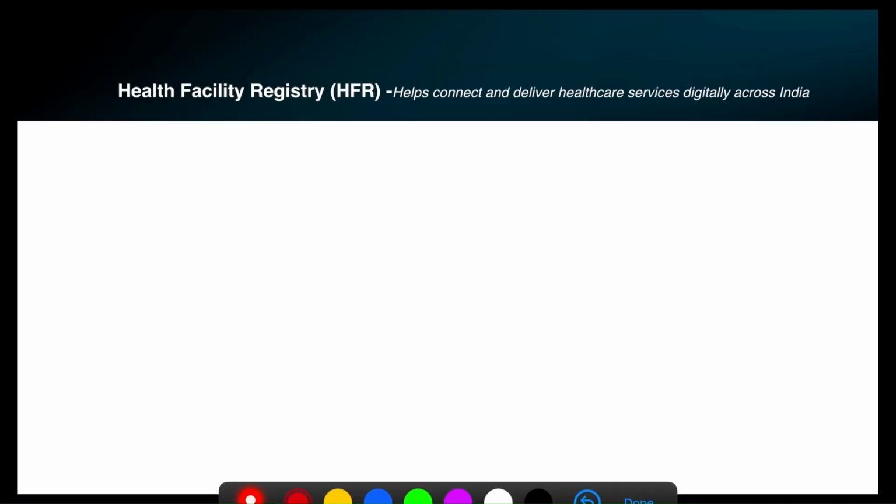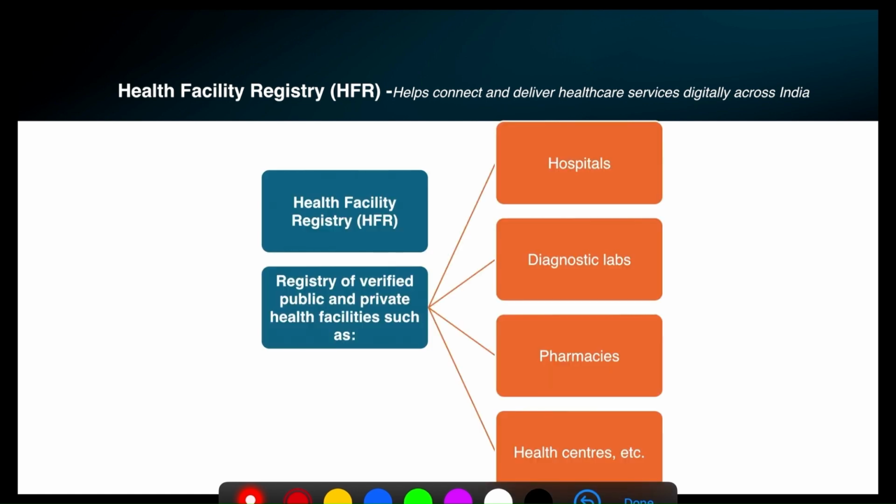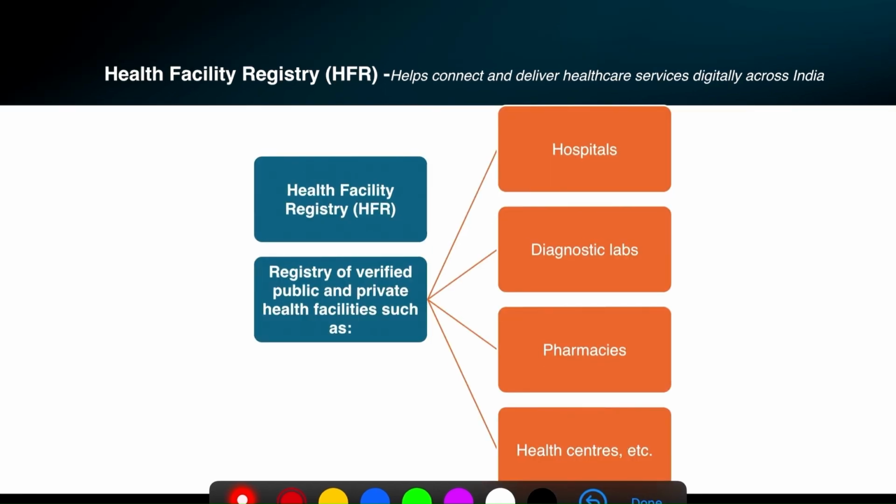Coming to health facility registry, that helps to connect and deliver the healthcare services digitally across India. It is the registry of verified public and private health facilities. Earlier, we registered the doctors, nurses, and the allied healthcare professionals. In this, we are registering the various health facilities, including hospitals, diagnostic labs, pharmacies, and health centers.